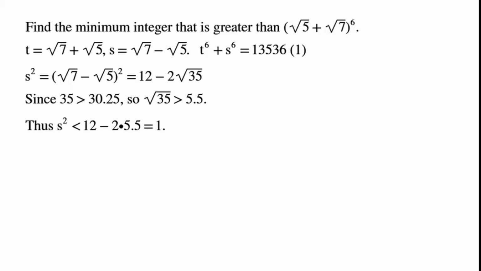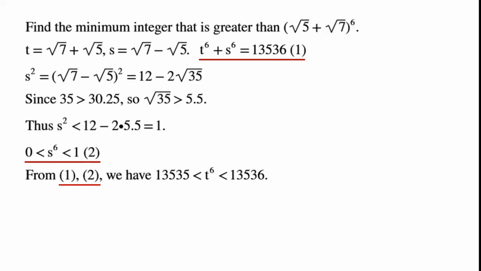Thus, s² is less than 12 − 2 × 5.5, which is 1. So 0 is less than s⁶, which is less than 1.